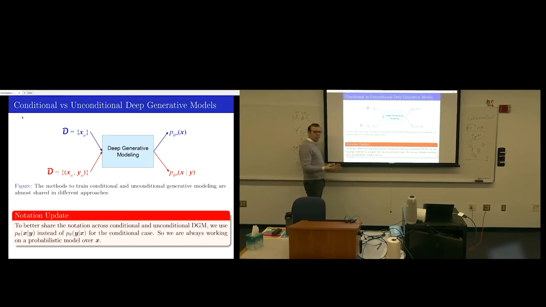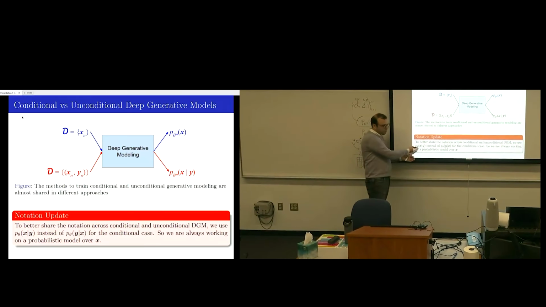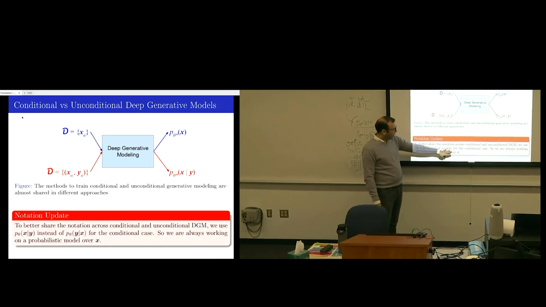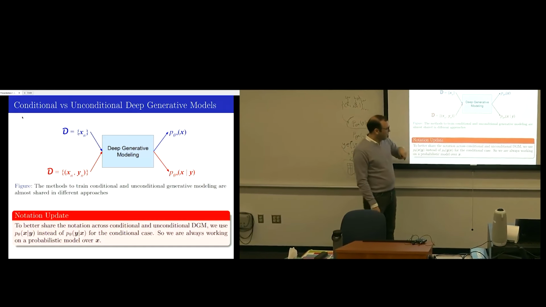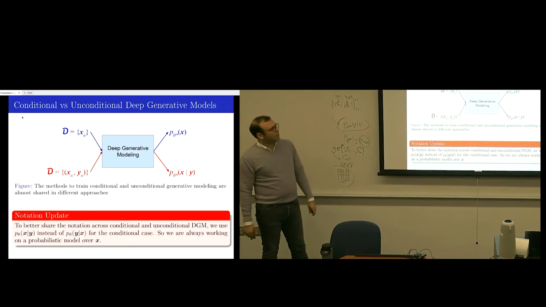For unconditional, I am modeling p of x; for this case, I am modeling p of x given y. Keep in mind that we use this notation instead of the supervised learning notation. It is really common in the generative modeling literature.